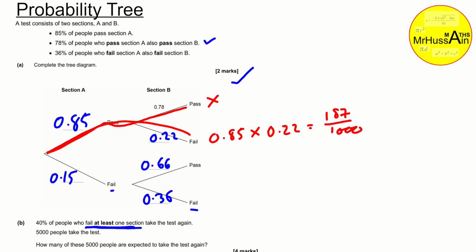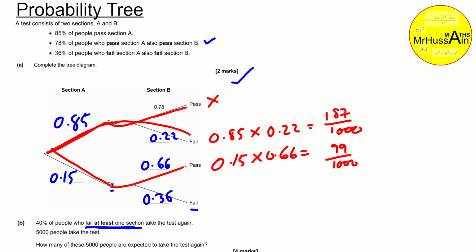That gives me at least one section. Then you've got fail and pass. And that will be 99 out of 1,000.